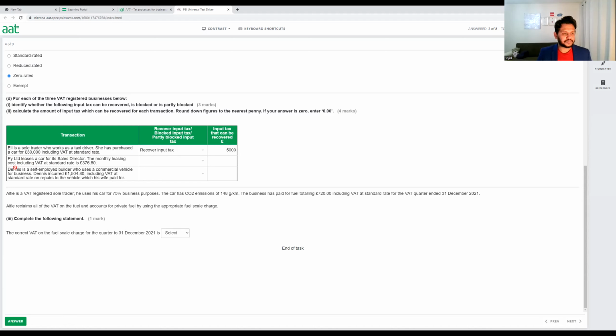PY Limited leases a car for a sales director. The monthly leasing cost, including VAT at standard rate, is 376.80. Remember that if it is a lease, you can claim 50% of the VAT. We check it in our reference material: 50%. Since it's including VAT, we need to find out how much the VAT is. So we need to do 376.80 divided by 6. It will tell me how much is the VAT.